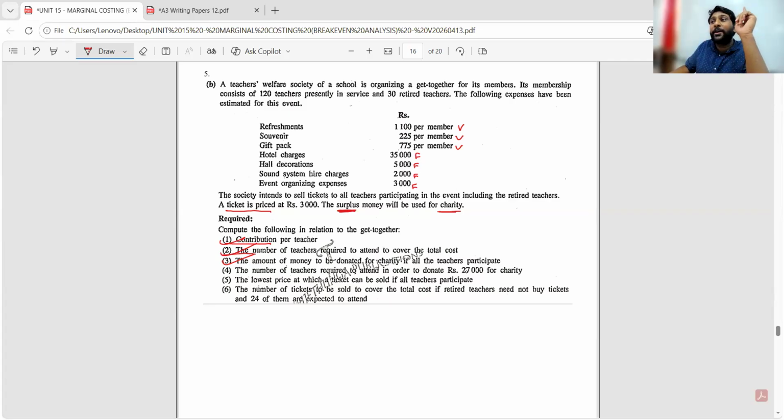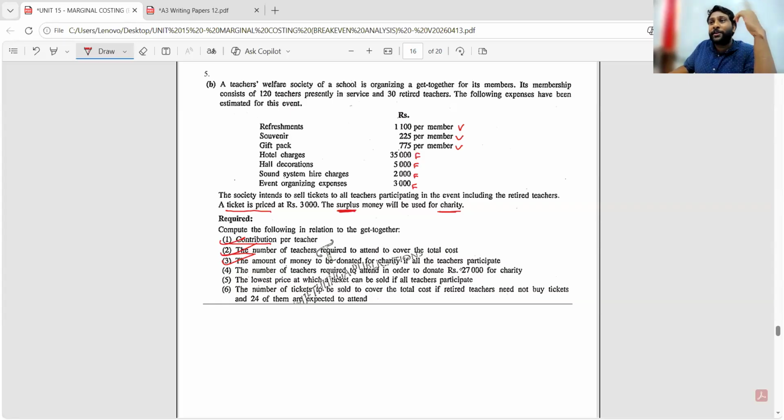Target profit quantity. If you want to donate 27,000, that means we should make a profit of 27,000. If you want to hit a profit of 27,000, how many units should you sell? How many teachers should participate and buy the ticket?